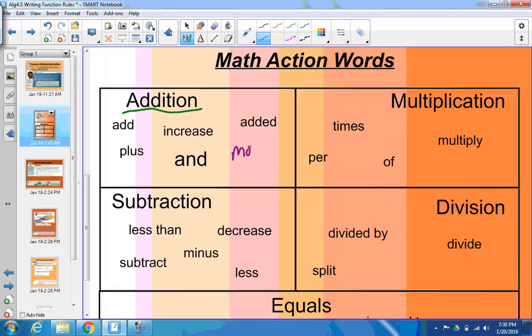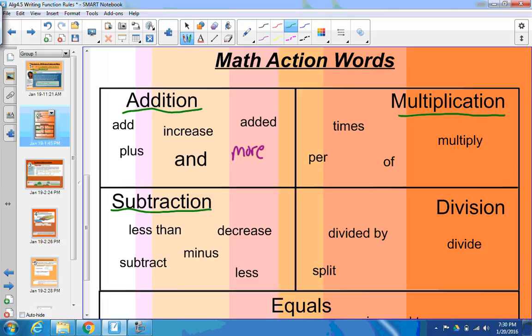That's one that we missed as well. More. Those are all keywords that would signify addition. Some that might do subtraction here. We have less than, less, minus, subtract, decrease. Yep, those are all good ones for subtraction. There might be even more.